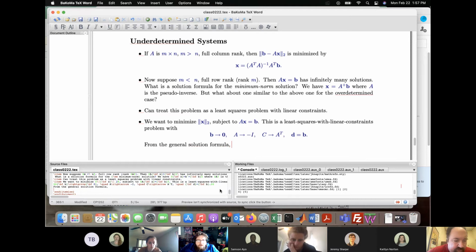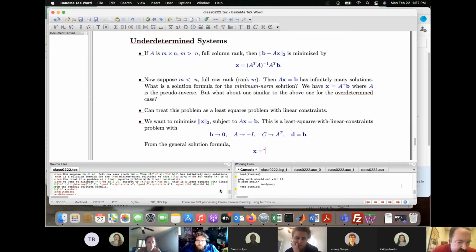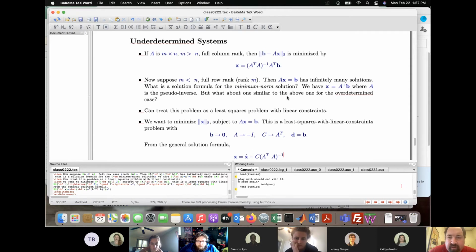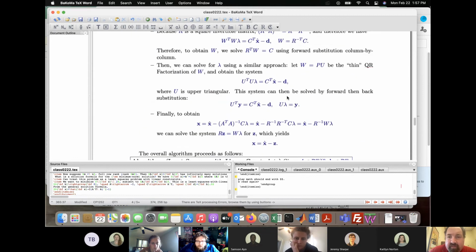So from the general solution formula, what I have is x is equal to x hat minus A inverse C lambda, where lambda satisfies this system of equations. Actually, I need to check this.